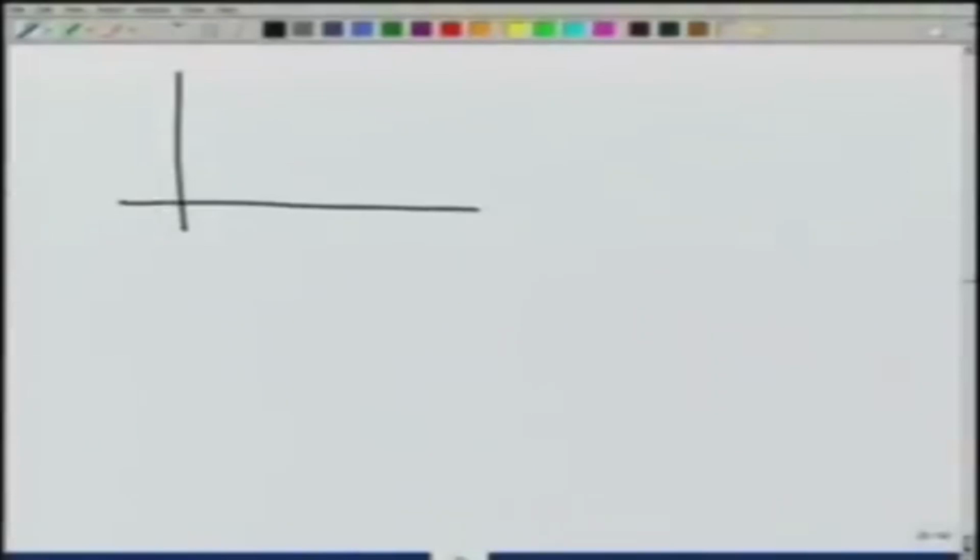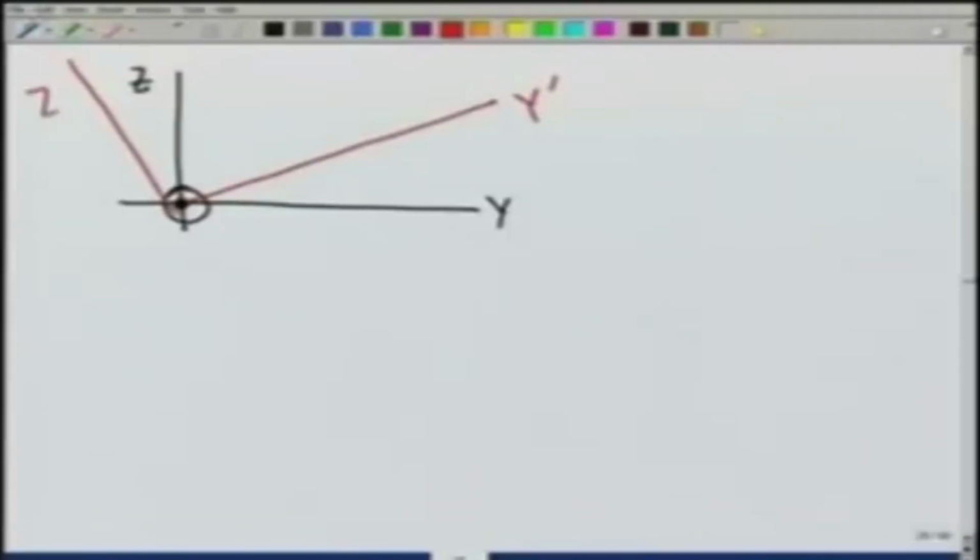So, for example, suppose we rotate about the x axis. So, let us say we have x, which is coming out, y and z, and suppose we take the new frame by rotating about the x axis, x is the same. So, this is going to be y prime and this is going to be z prime by an angle theta.